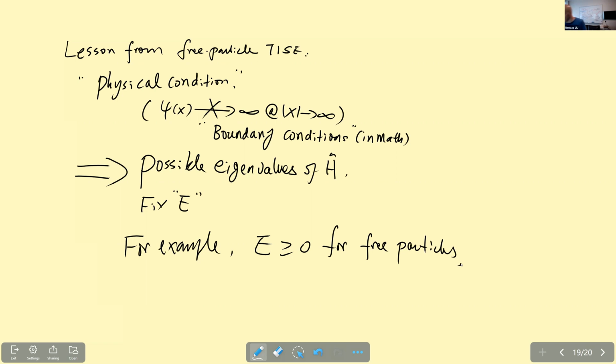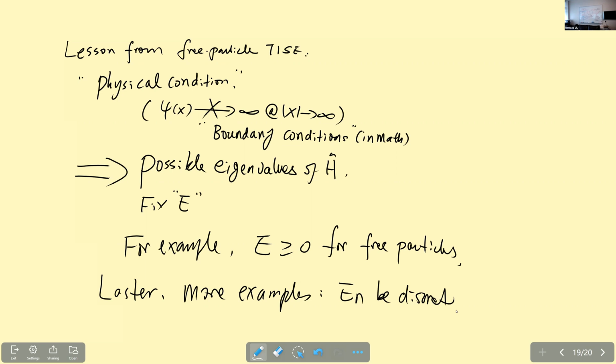And then later, more examples, where E equals discrete numbers.